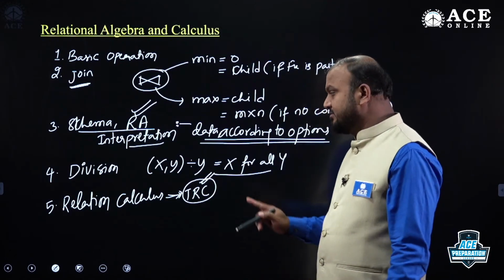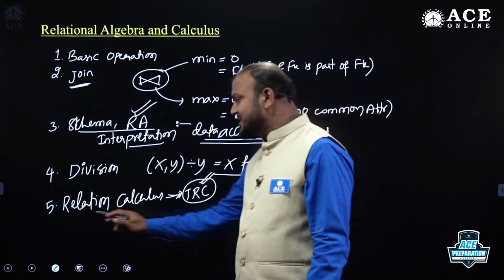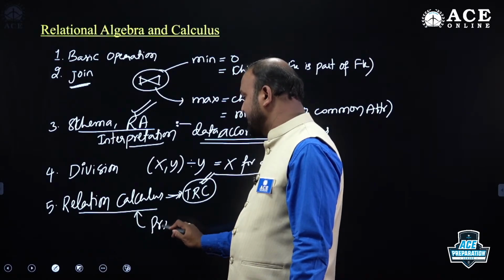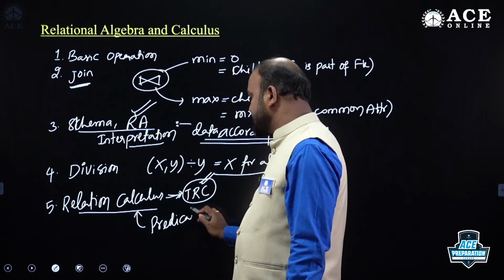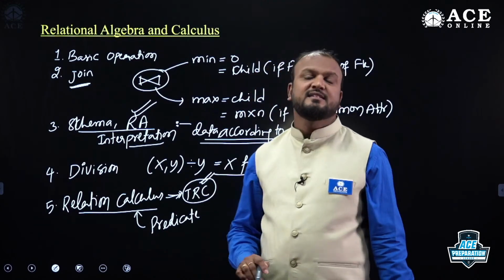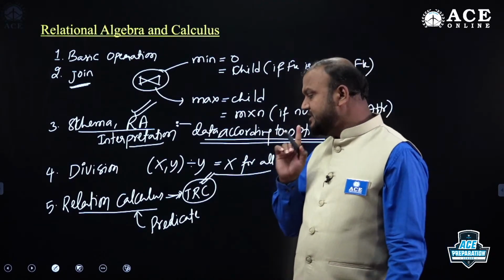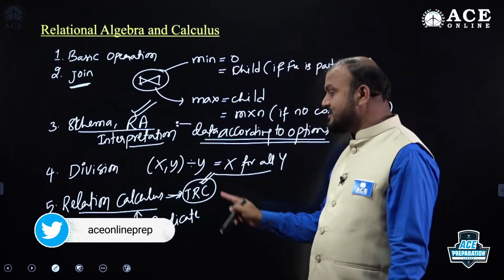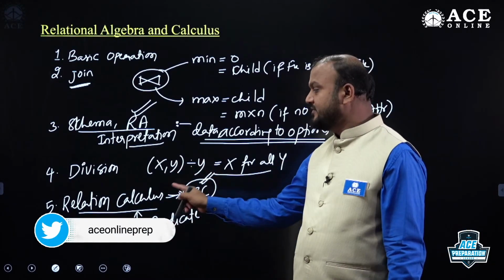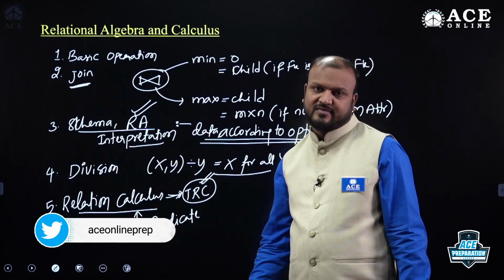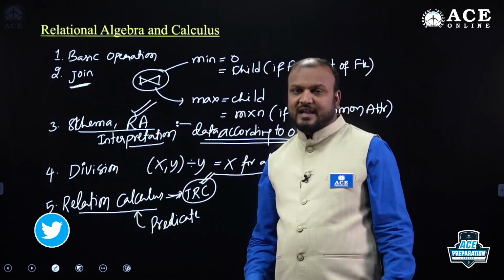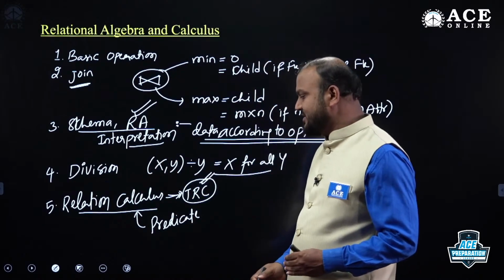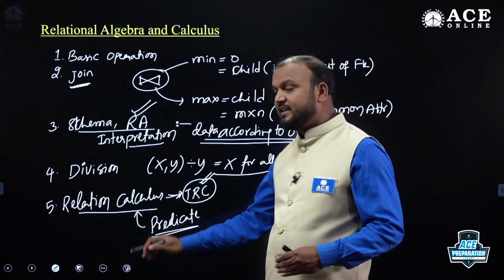Here, the expression in calculus is more close to the expression in predicate calculus, which you might have studied in discrete mathematics. A little knowledge of discrete mathematics is required to answer most of the relational calculus questions in previous GATE papers.